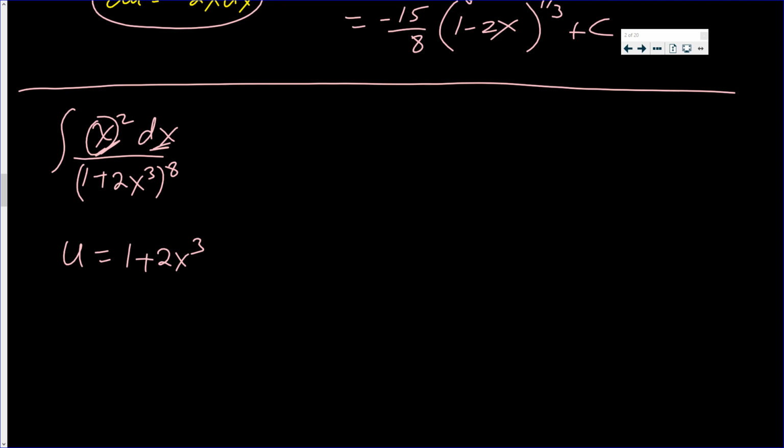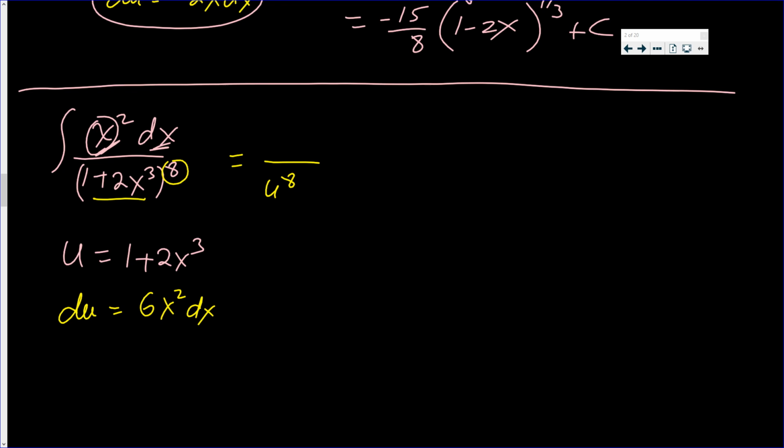Okay, so we let u be that. So then du will be 6x squared dx. So the denominator, that's u to the 8. I took care of the whole denominator. Well, x squared dx, only I had the 6. Well, you do have it.